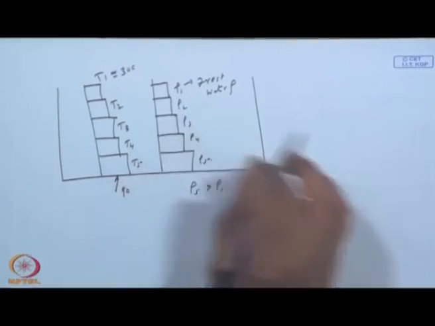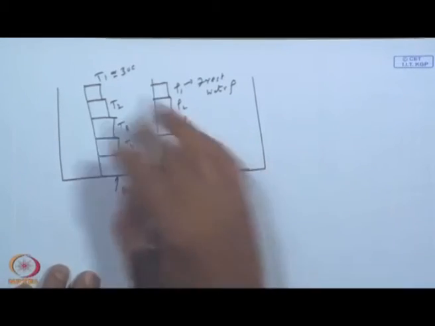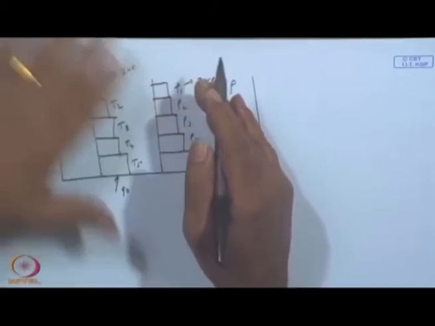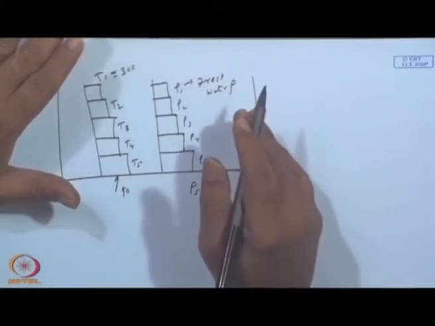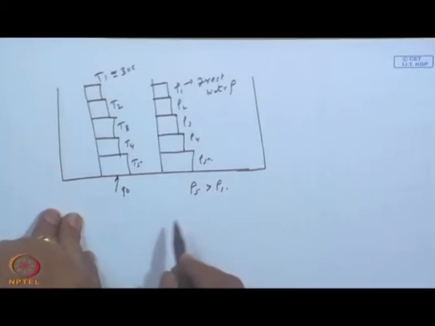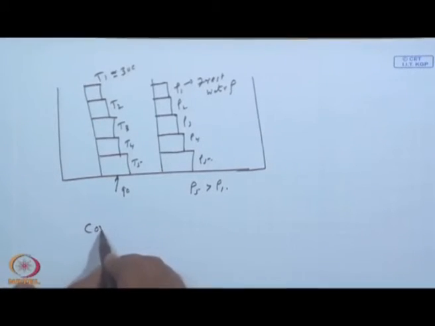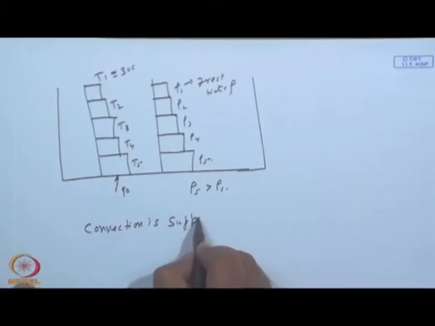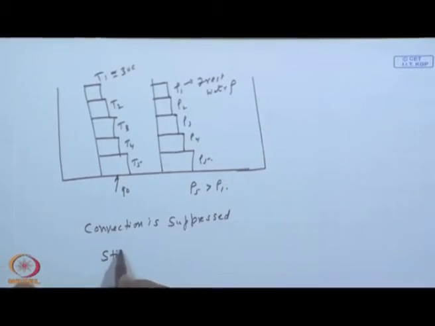So, then this will stay at the bottom and we have this. Given that somehow I built this, my problem will be now convection is suppressed. Right? Still molecular diffusion takes place.